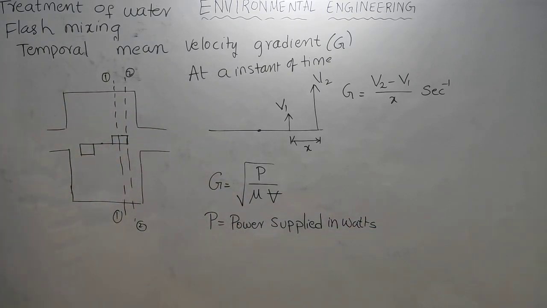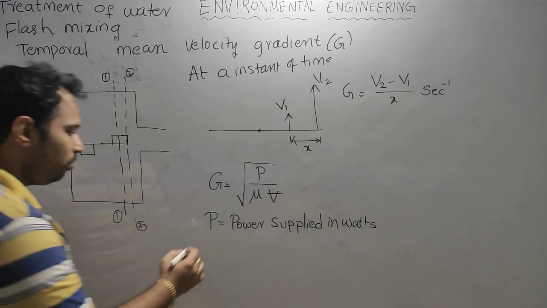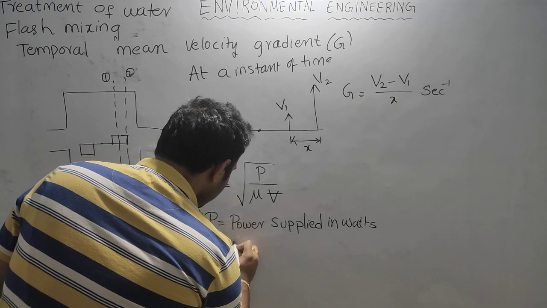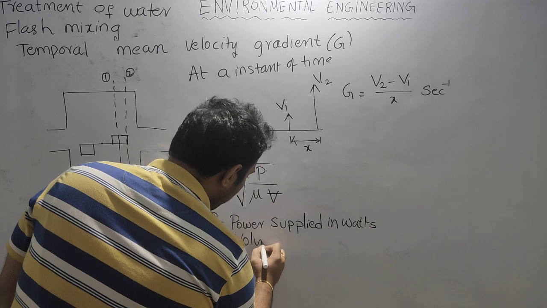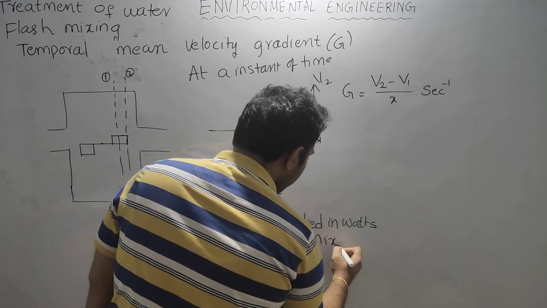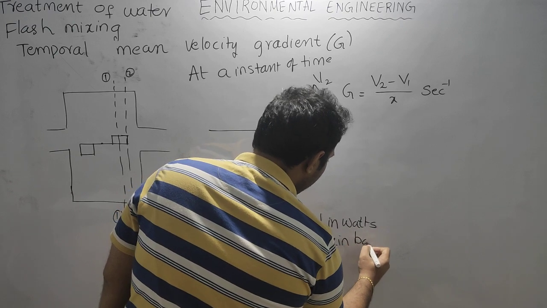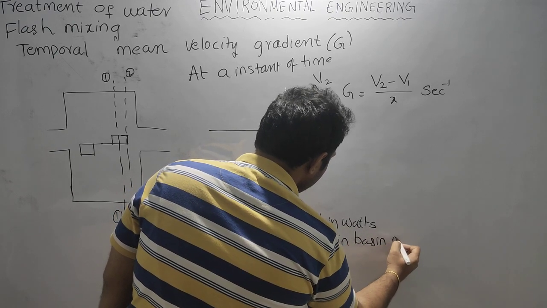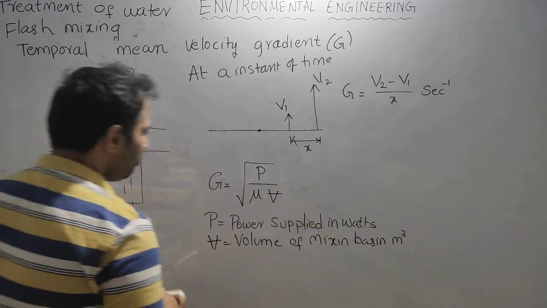And V is the volume of mixing basin in meter cube.